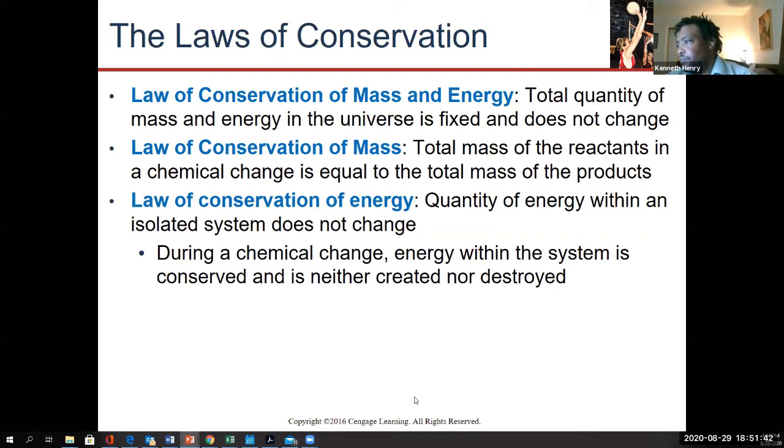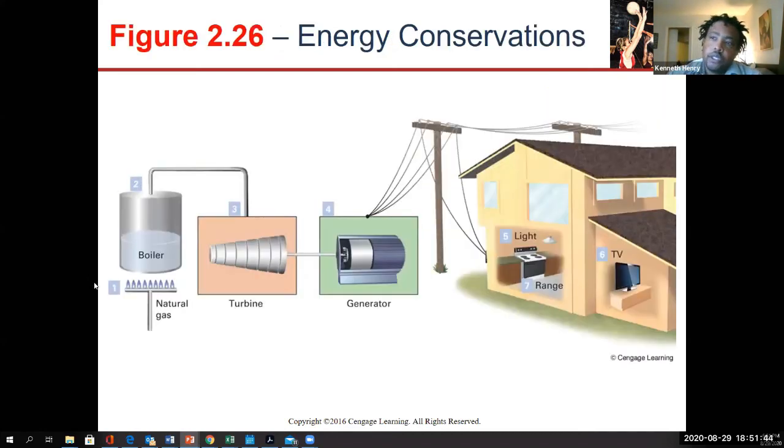Let me give you an example. We have the chemical energy associated with natural gas. We burn natural gas, that's a chemical reaction, and heat is released. Heat causes the water to boil. Boiling water produces steam.